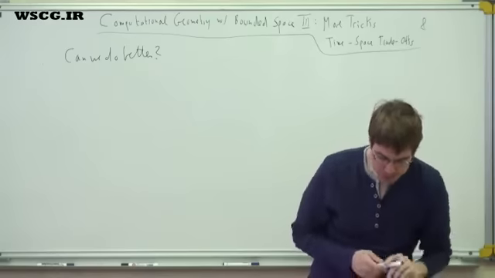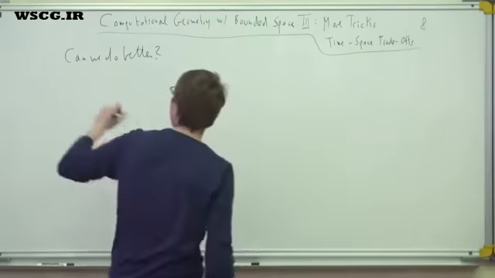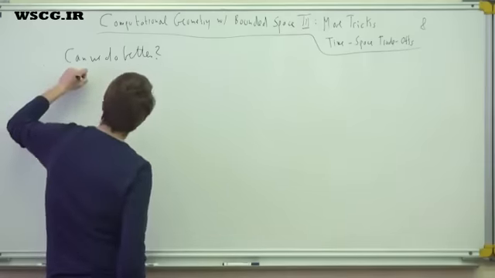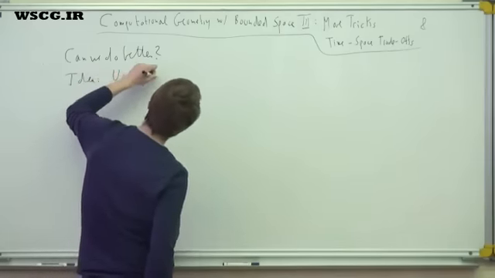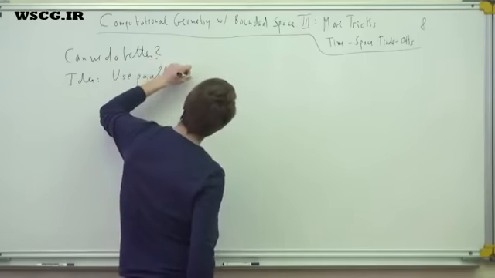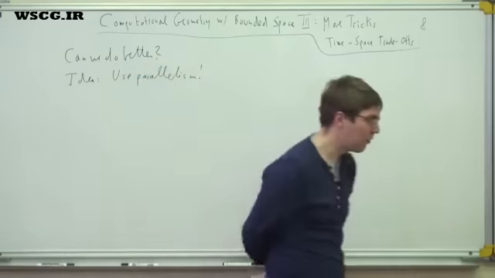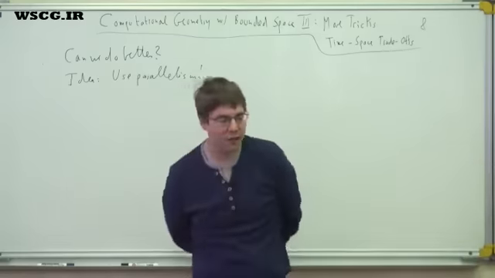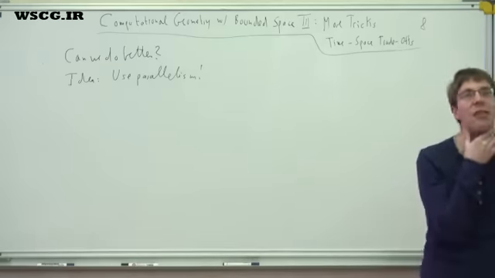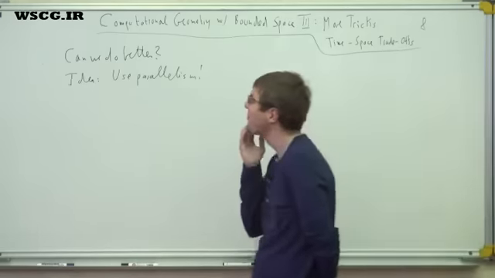What is the idea? The idea is to use parallelism. At first sight it might be surprising, but it turns out that parallelism and bounded space go together quite well.